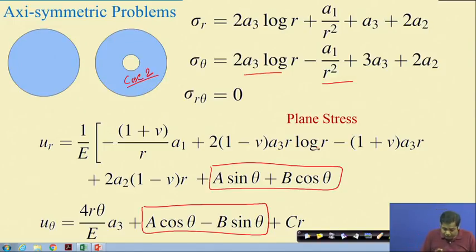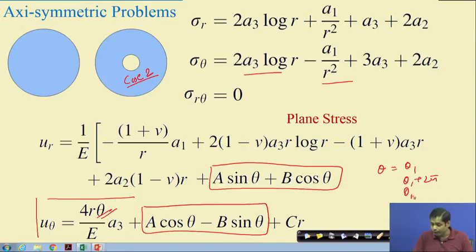Now, look at this U3, it contains theta. Theta could be anything. If you recall, in the general solution, theta may be theta, or theta 1, or theta 1 plus 2 pi, or theta 1 plus 2n pi.